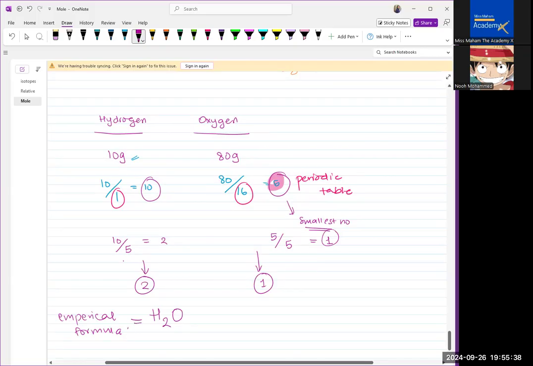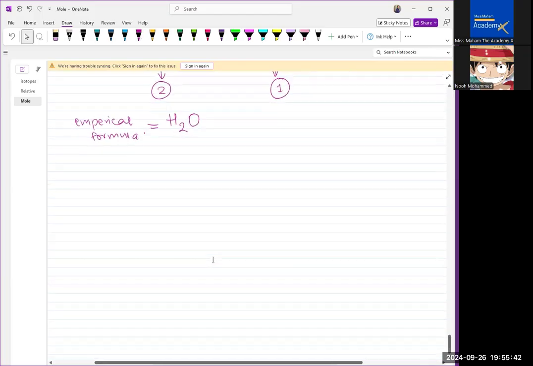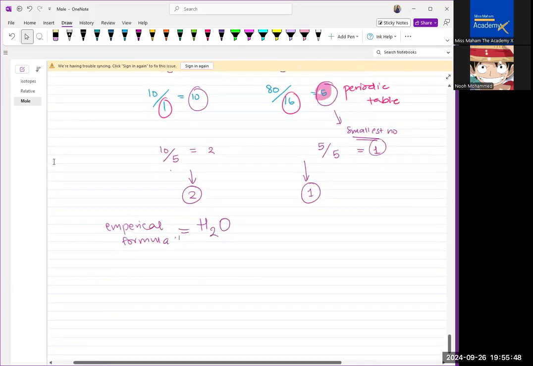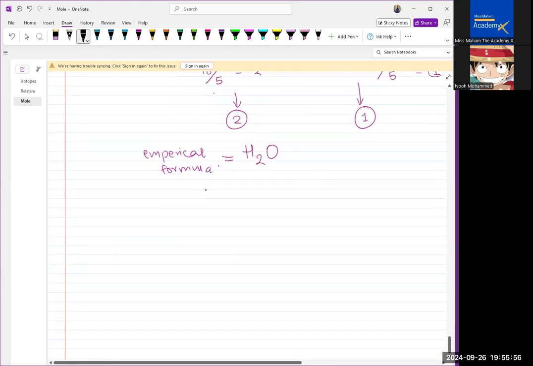Understood till here? We'll do another example right now. Let's do another example.